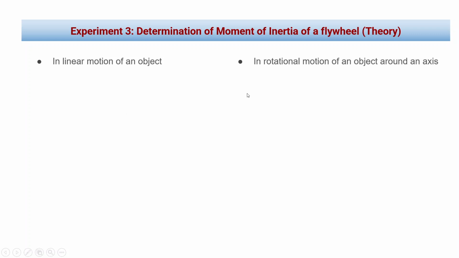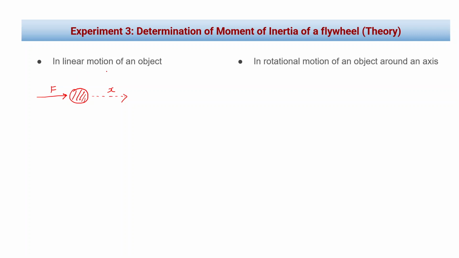how we come to talk about moment of inertia of any object. So when we talk about linear motion of any object, say there is some spherical object and there is force applied on it, because of which it moves a certain distance.